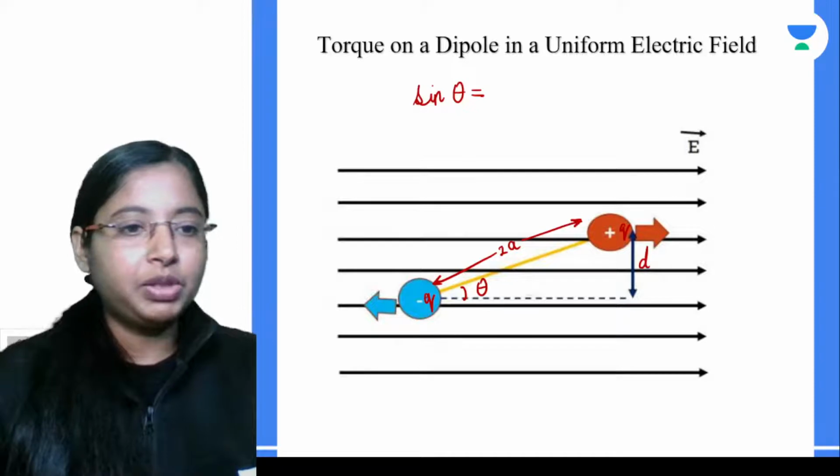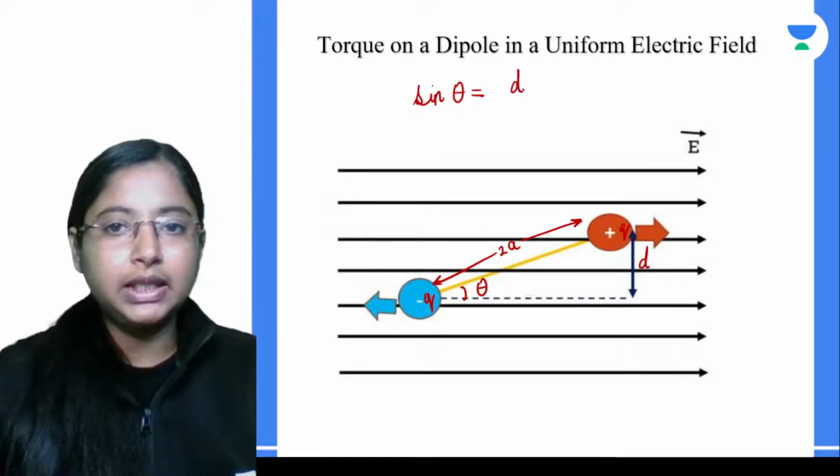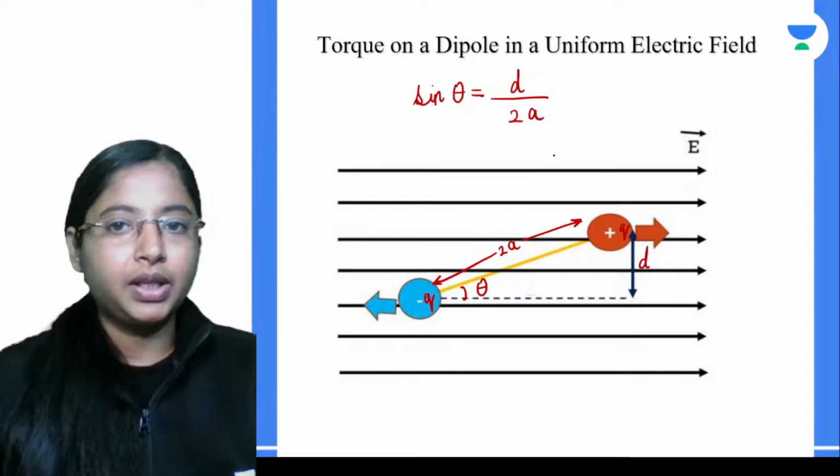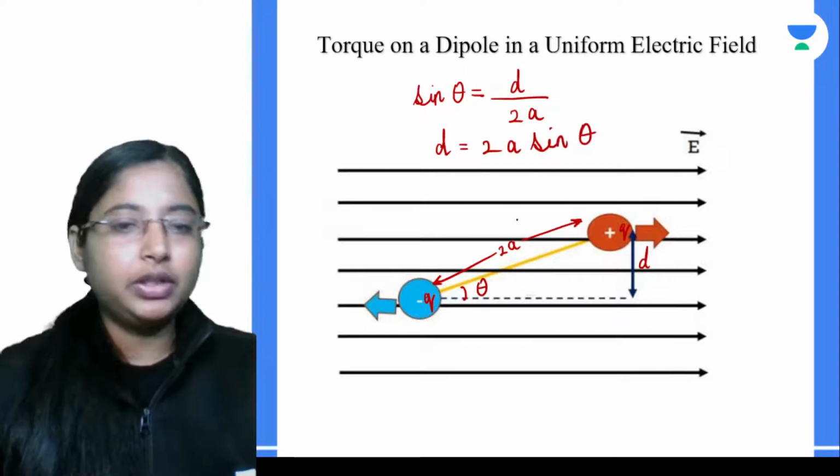From here, opposite or perpendicular, that is d, divided by the hypotenuse. This side is nothing but the distance between these two charges, that is 2a. So d is nothing but 2 into a into sine theta. This is your distance d.